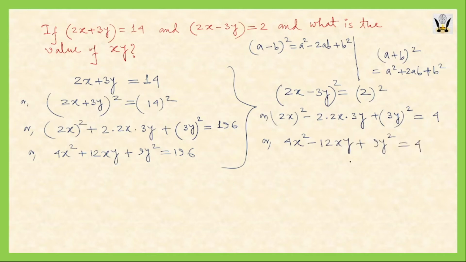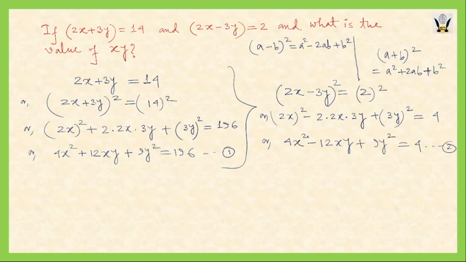Here is one interesting thing we can notice in the patterns of both equations. If we label this as our first equation and this as our second equation, we have x square and y square terms in both equations and their coefficients are the same.